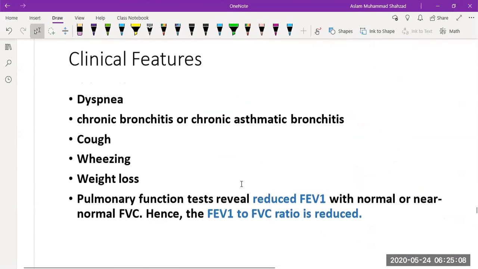How can we diagnose? The main feature is dyspnea. Chronic bronchitis or chronic asthmatic bronchitis is also one of the features. Then cough and wheezing, a whistle-like sound, will be found.